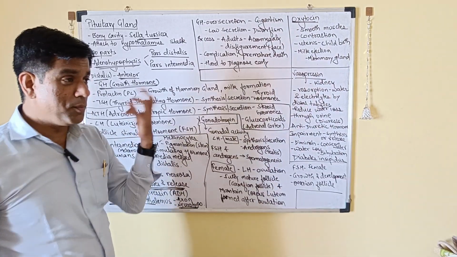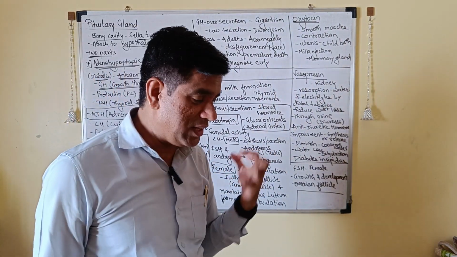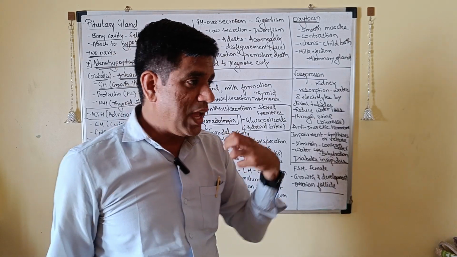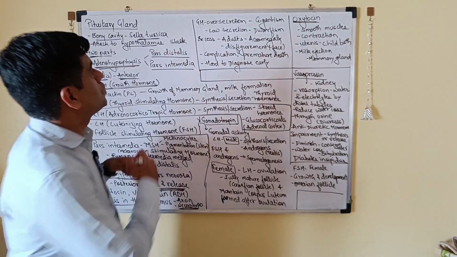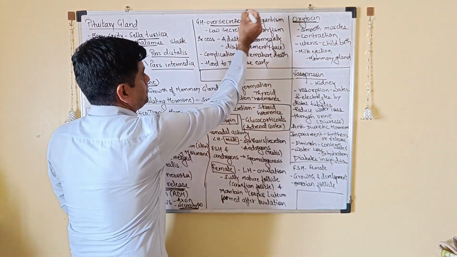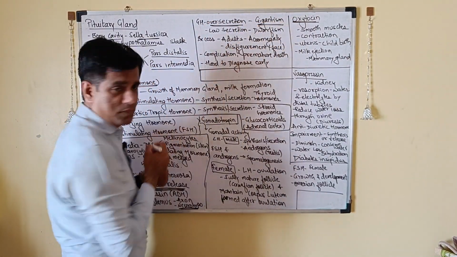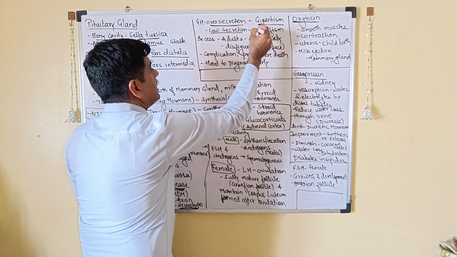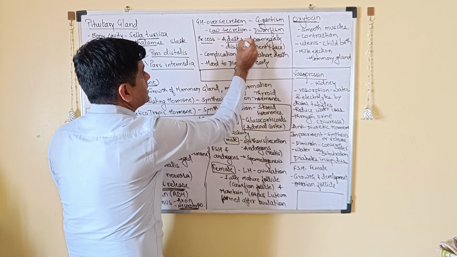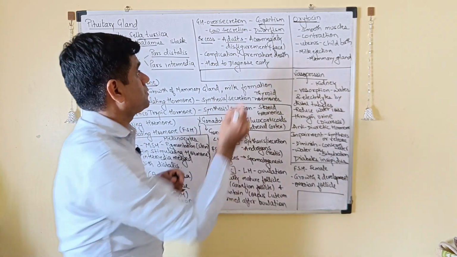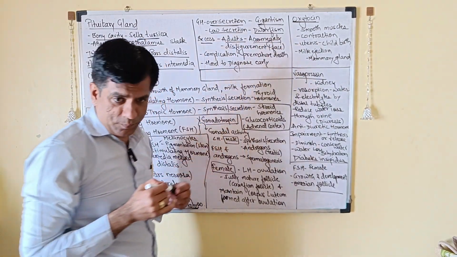If you remember, we had seen the properties of hormones, where I had told you that excess and less both will lead to a disease. So growth hormone also, if it is over secreted, it leads to gigantism. If it is less secreted, it leads to dwarfism. If it is over secreted in adults, the excess secretion, the hypersecretion, we call it acromegaly.